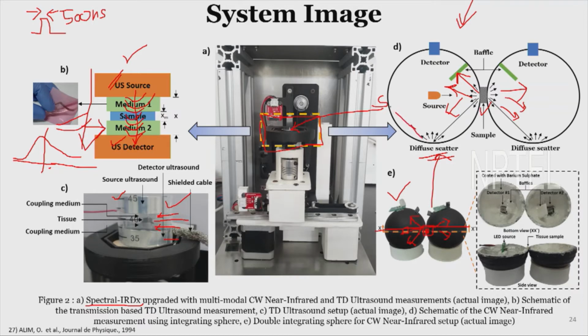There is again diffuse scattering taking place over here, and it goes through multiple diffuse scatterings with very low losses or little absorption, and finally it gets detected by the detector. So we assume that there is very low loss after it gets hit by the surface over here.